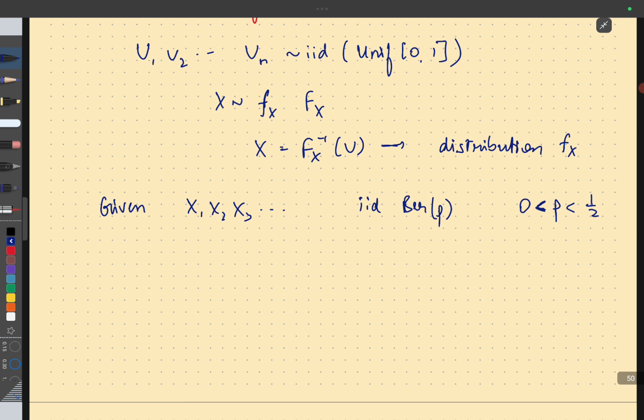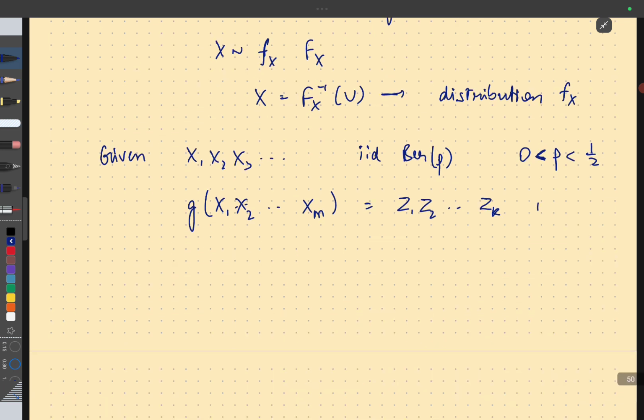All right. So you want some kind of a function that takes this sequence of, say, m Bernoulli p random variables as input and outputs Z1, Z2 up to Zk, which are all IID Bernoulli half.